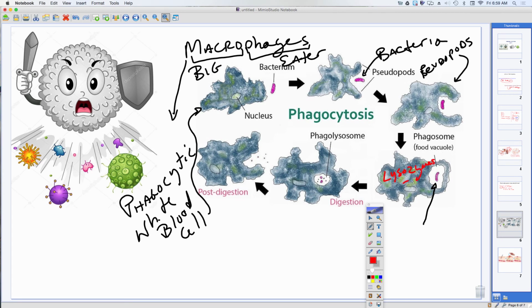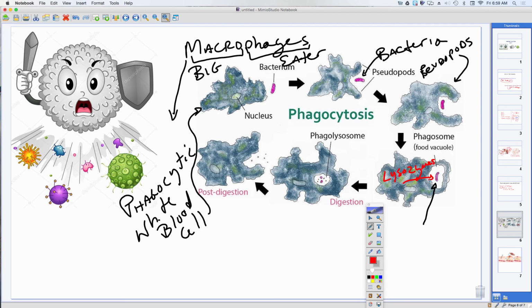and then they will use the power of their lysozymes to dump enzymes into that vacuole and digest the bacteria. Very often these macrophages will actually wall themselves up and commit suicide and kill themselves and kill the bacteria, or they'll go to your lymph nodes and do some of that work.